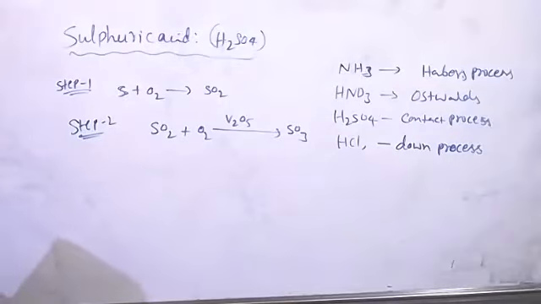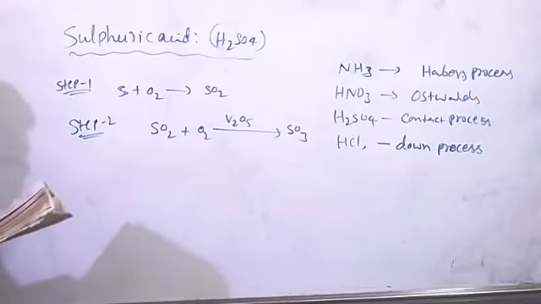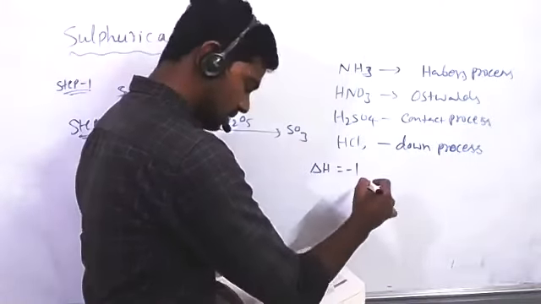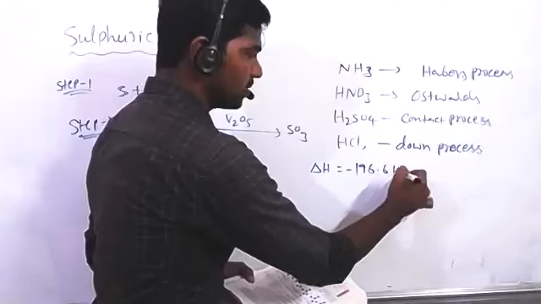The key step in the manufacture of H2SO4 is the catalytic oxidation of SO2 with O2 to give SO3 in the presence of vanadium pentoxide catalyst. This is an exothermic reaction: oxidation of sulfur dioxide is exothermic, with delta H equal to minus 196.6 kilojoule per mole.